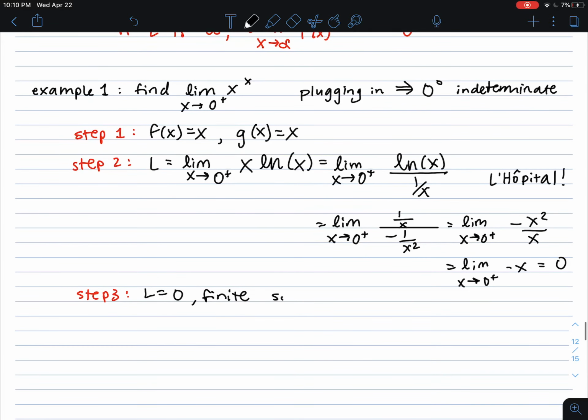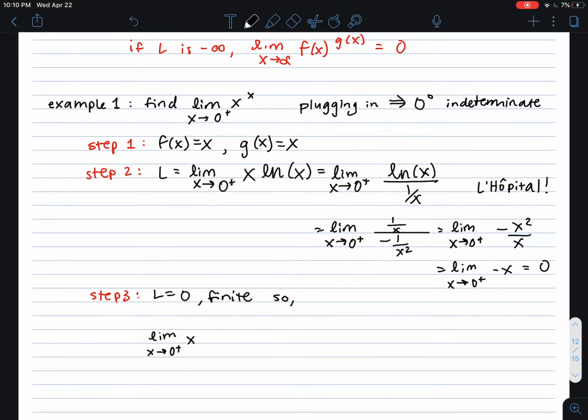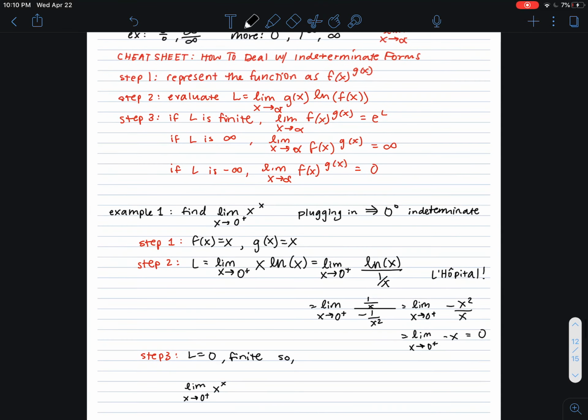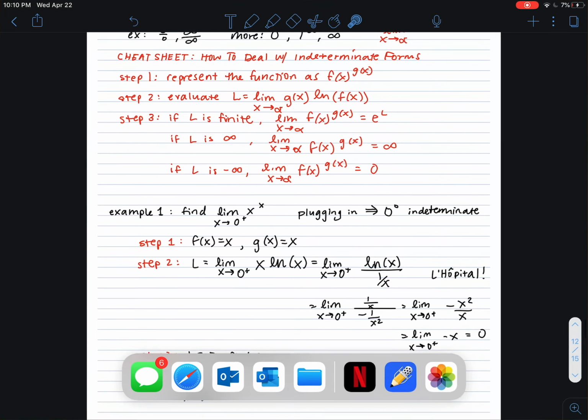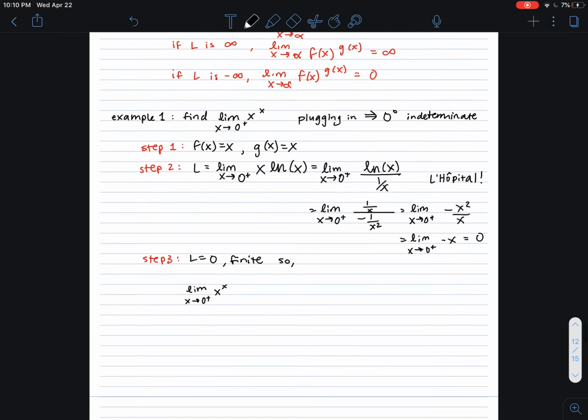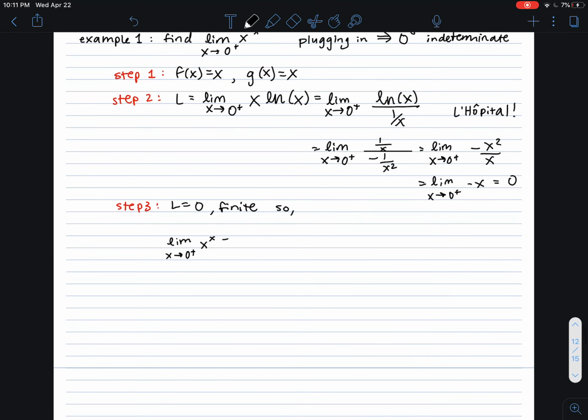So our original limit, as x goes to 0 from the positive side of x to the x, if we look at our cheat sheet steps, it says that this guy is going to be equal to e to the L, and we have L as 0. So this is equal to e to the 0, and e to the 0 is just 1. So that would be our final answer.